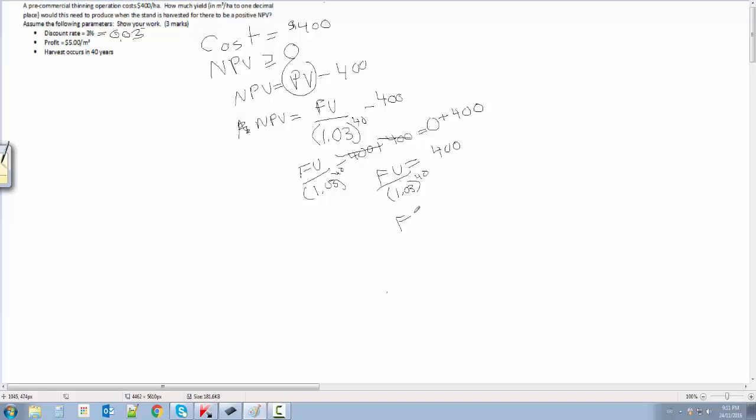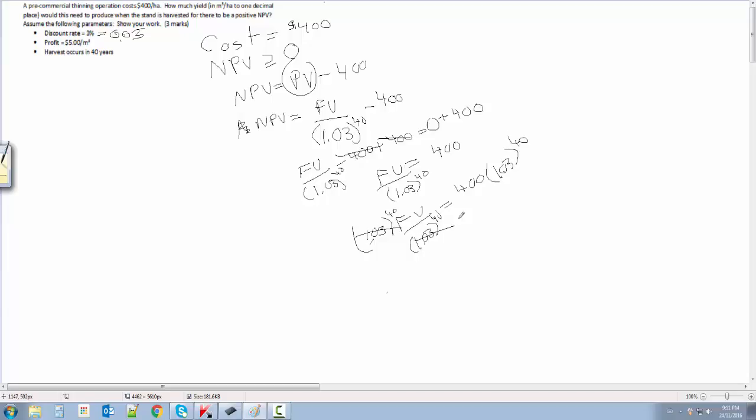Well, I'm going to multiply both sides by 1.03 to the power of 40, so I'm multiplying this whole side by this, and I'm going to get 400 over here times 1.03 to the power of 40.